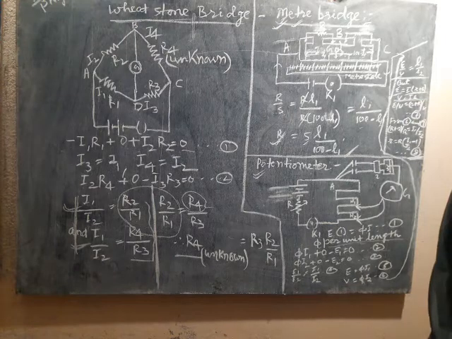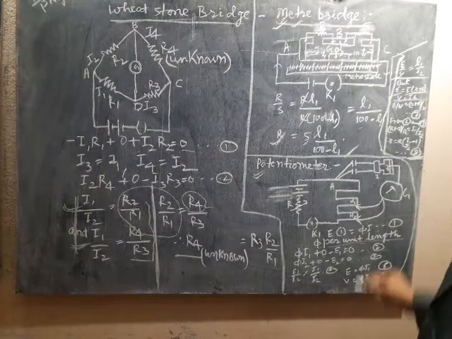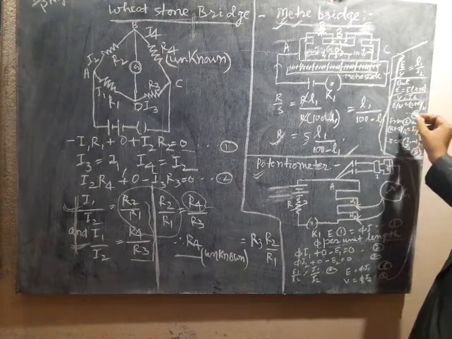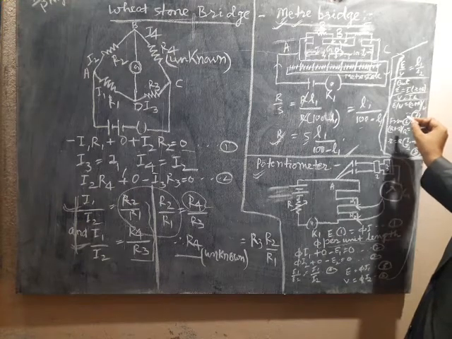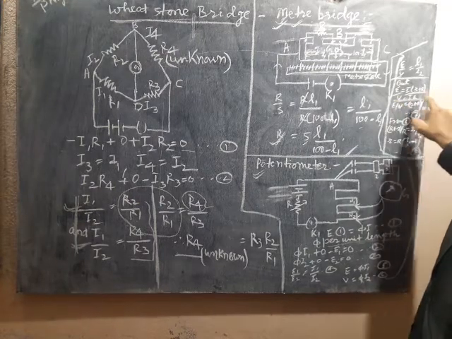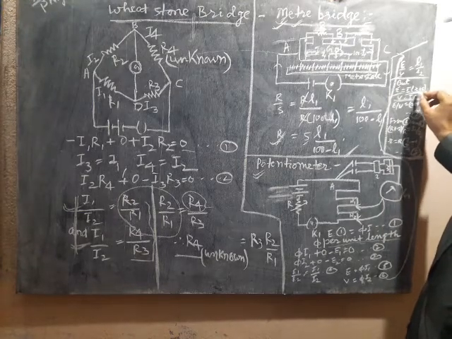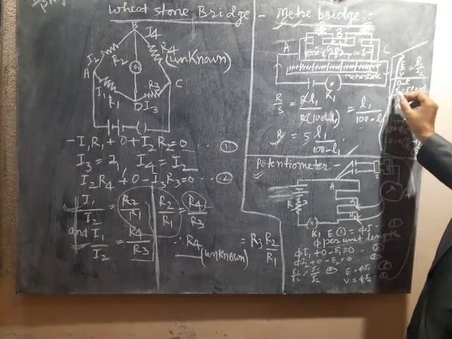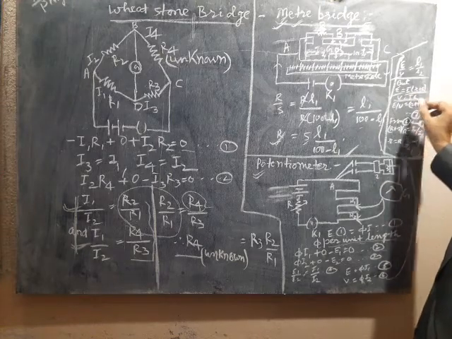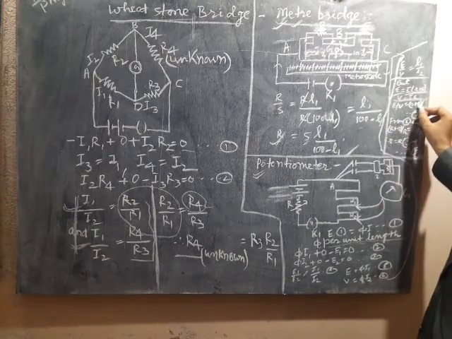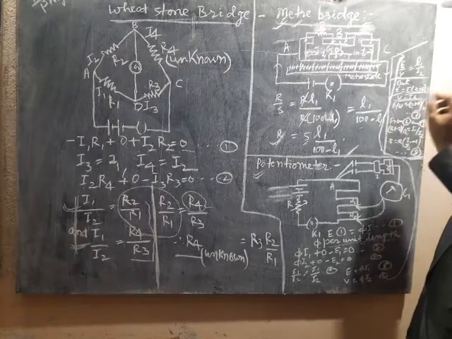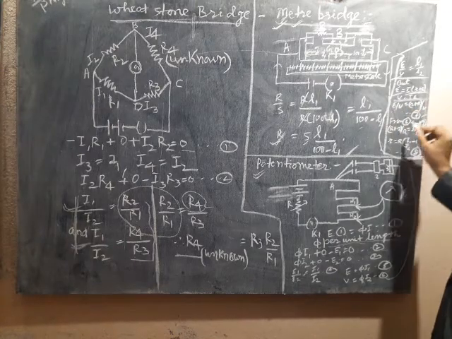So electromotive force E is equal to I(R plus r), V is equal to IR. E by V is equal to R plus r by R, simply dividing. That is equation 7.